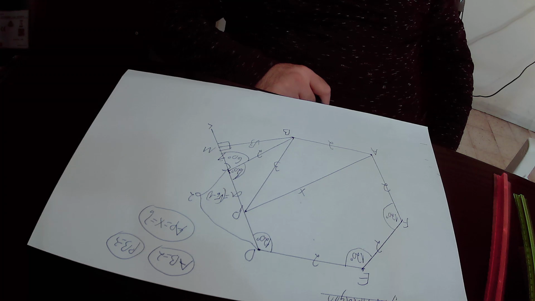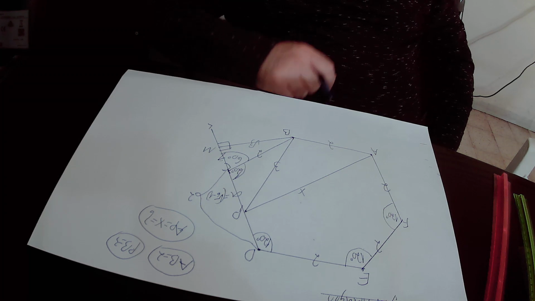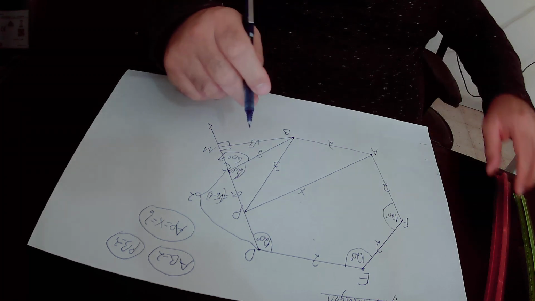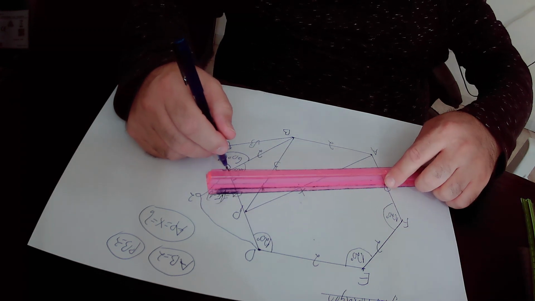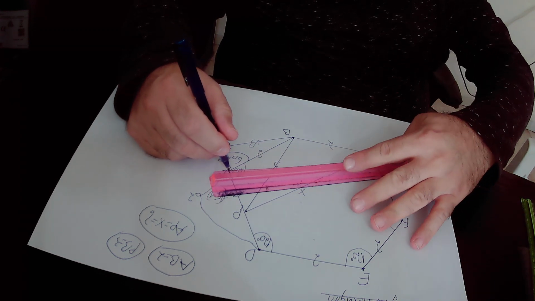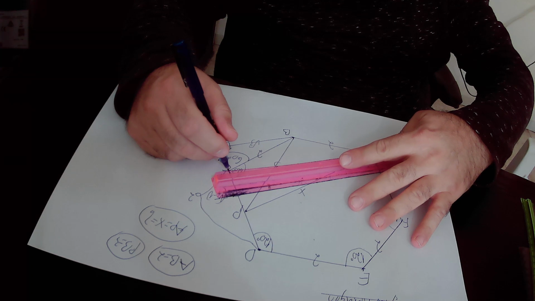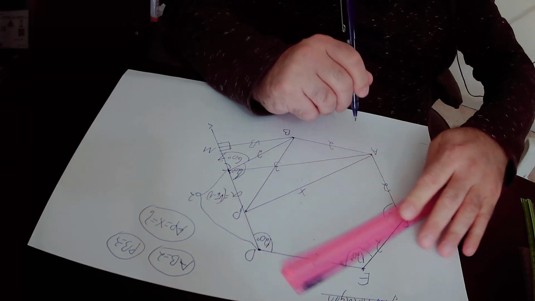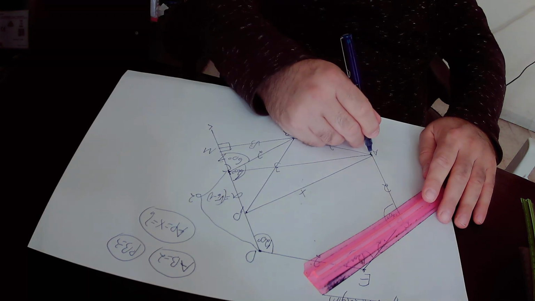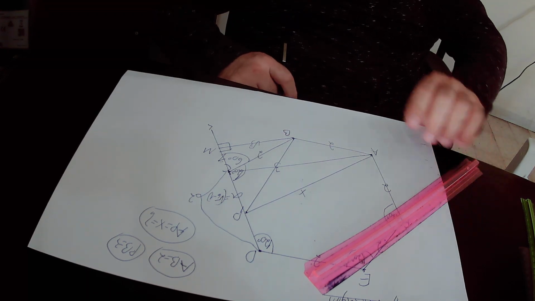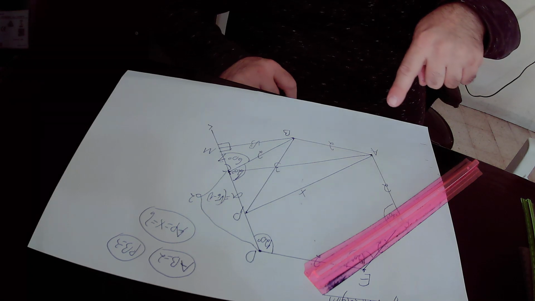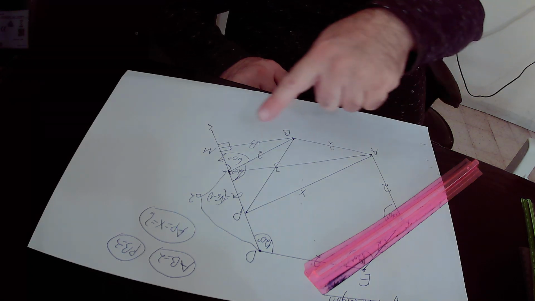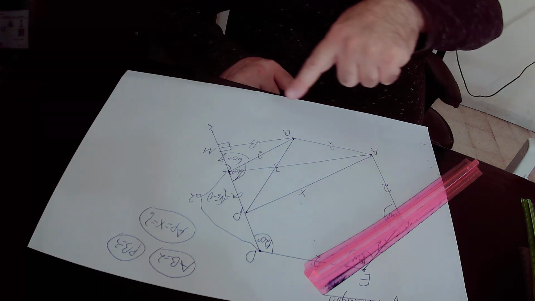In the next step, we'll join points A and C together by a straight line. By joining points A and C, we created triangle ABC. This is triangle ABC.